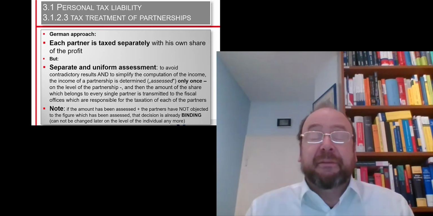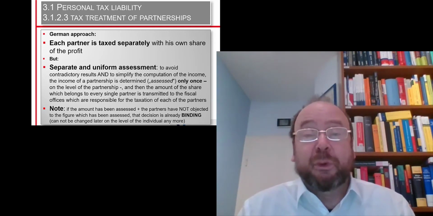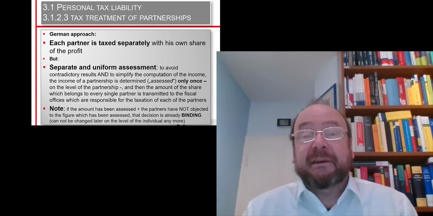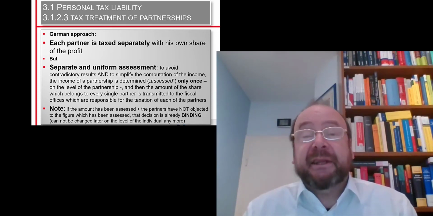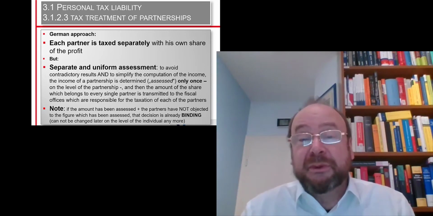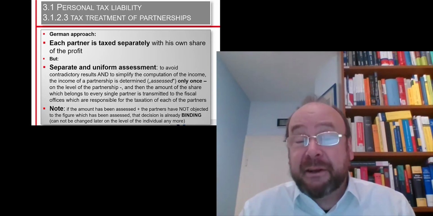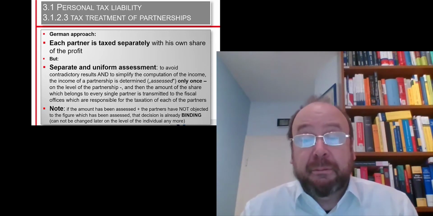The most convenient and simple way is that you once and for all establish how much profit that partnership had, check it, and then communicate to each partner how much his 1%, 2%, or 50% share in that partnership means for him or her.